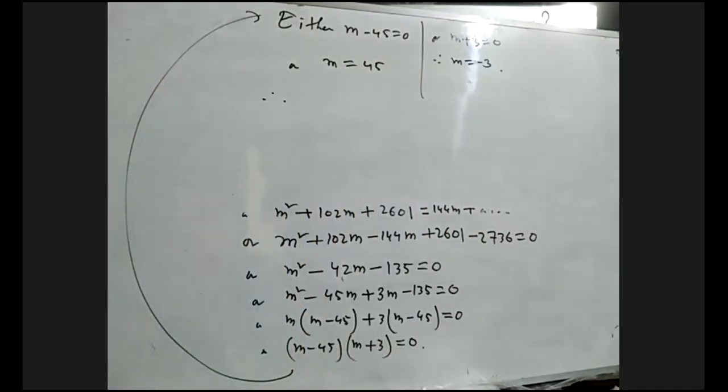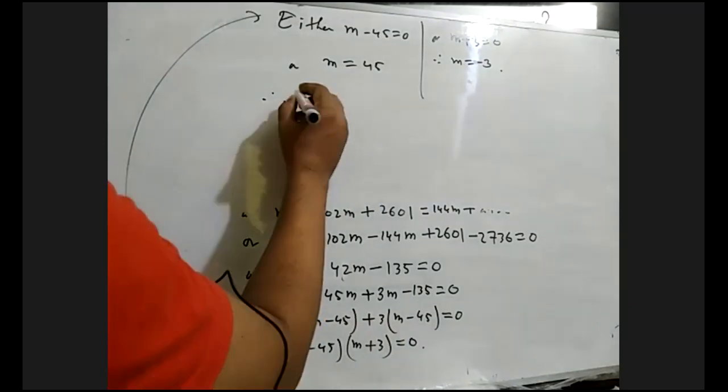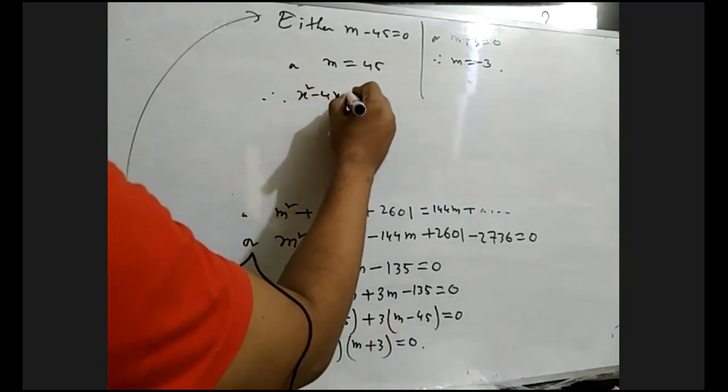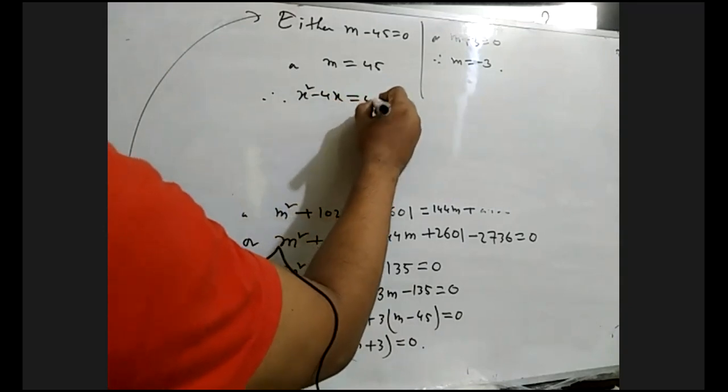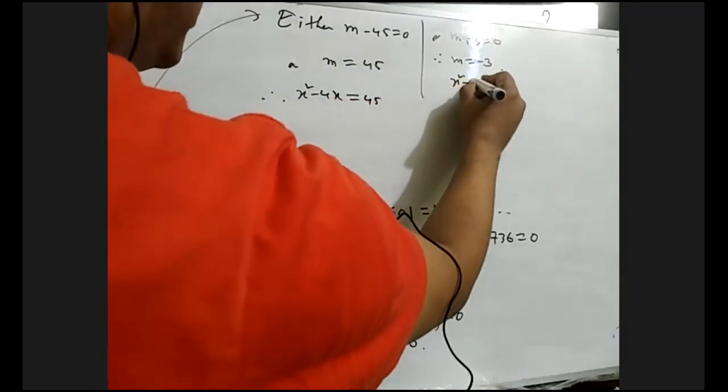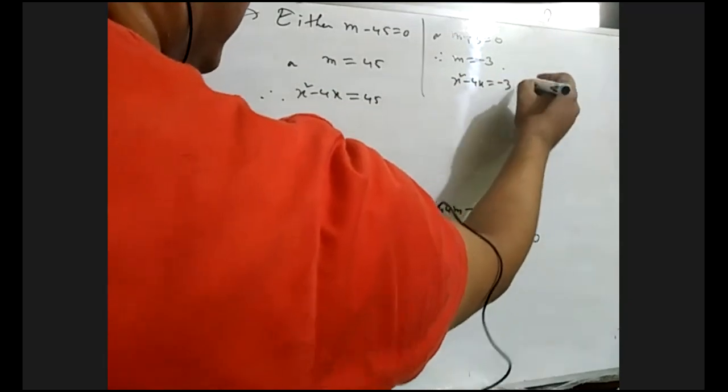Here m was x square minus 4x. So x square minus 4x equals 45, and here also x square minus 4x equals minus 3.